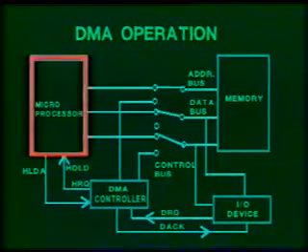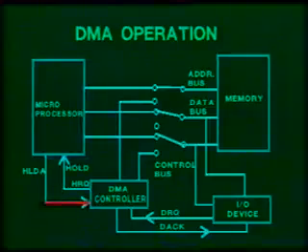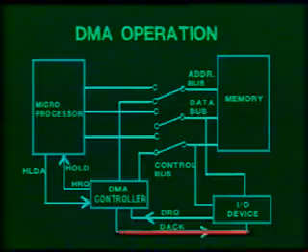The CPU immediately tristates its address bus, data bus and control bus and responds with a hold acknowledge signal to the DMA controller. Having received the hold acknowledge signal, the DMA controller gives a DMA acknowledge to the peripheral device which requested DMA, and then onwards allows the peripheral device to perform data transfer with respect to the memory without using the CPU.